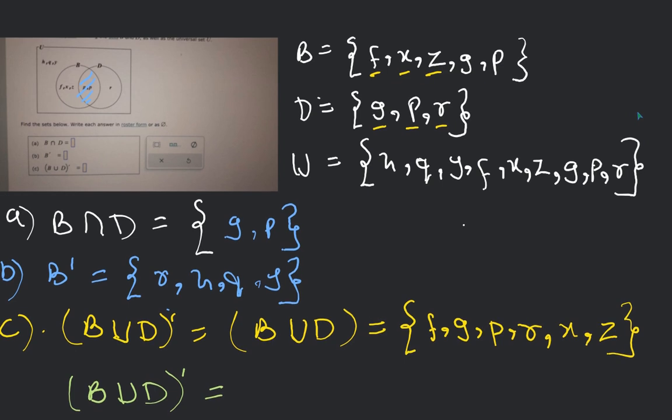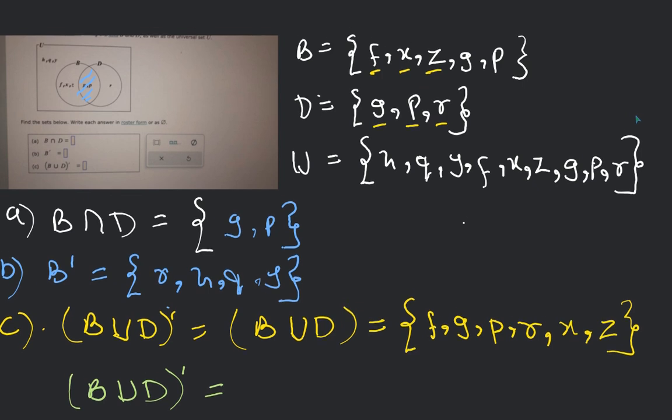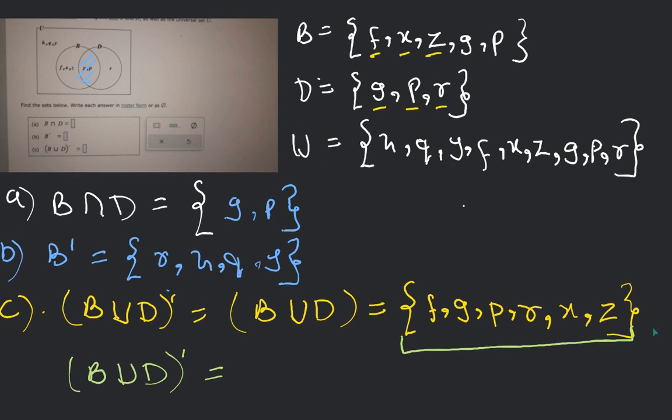We have to find the elements which are not over here. What are those elements? H, Q, and Y. Basically the elements which are not there in this one are H, Q, and Y. Okay.